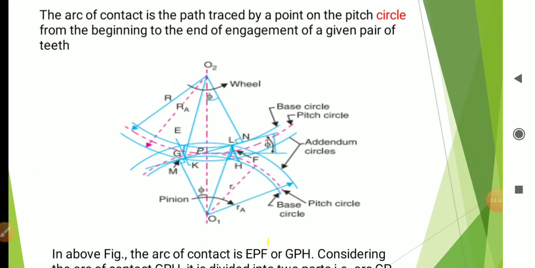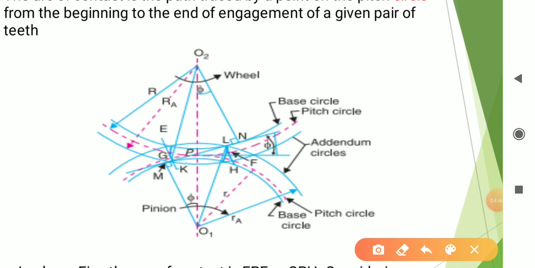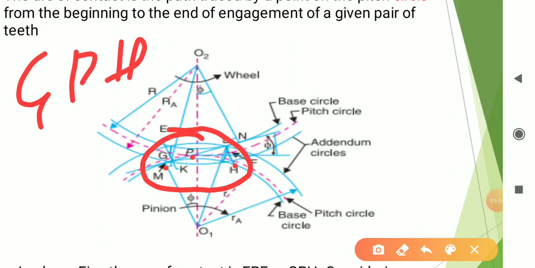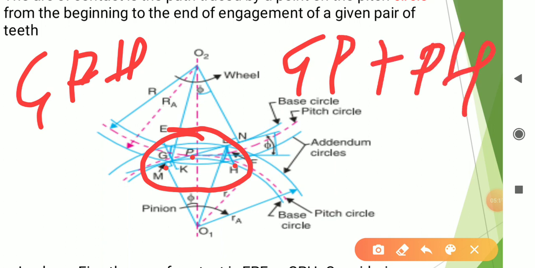I will zoom this figure. G starts here, P is the contact point, and it ends here at H. This GPH is divided into two parts, that is GP plus PH. In the previous video we saw that the length of path of contact is divided into two parts.